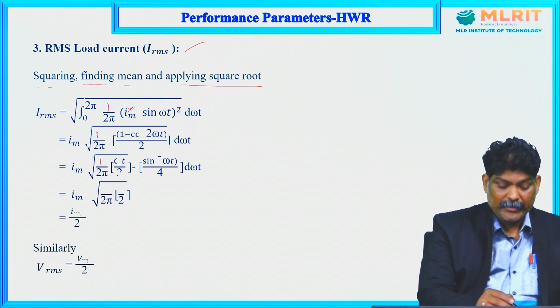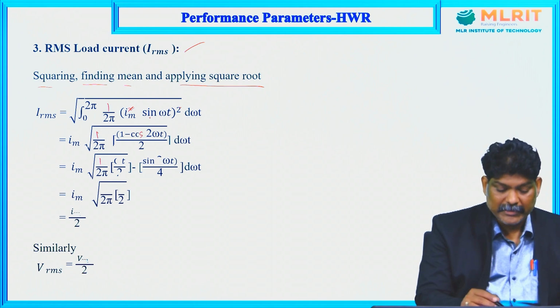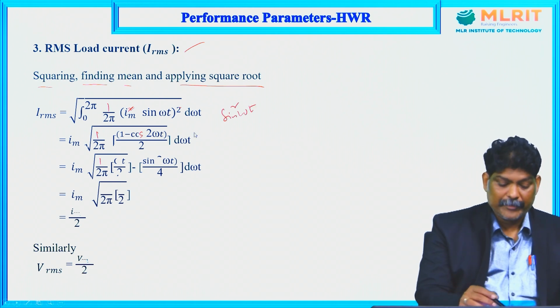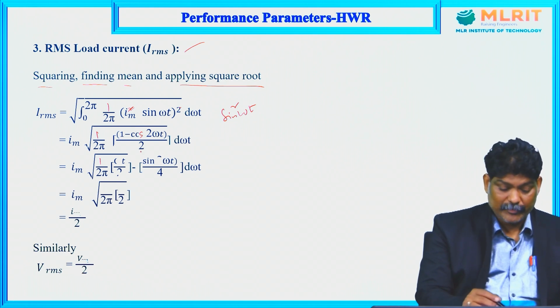So under root 1 by 2 pi. What is the value of this? Integral of sin square omega t, and sin square omega t means 1 minus cos 2 omega t, divided by 2.